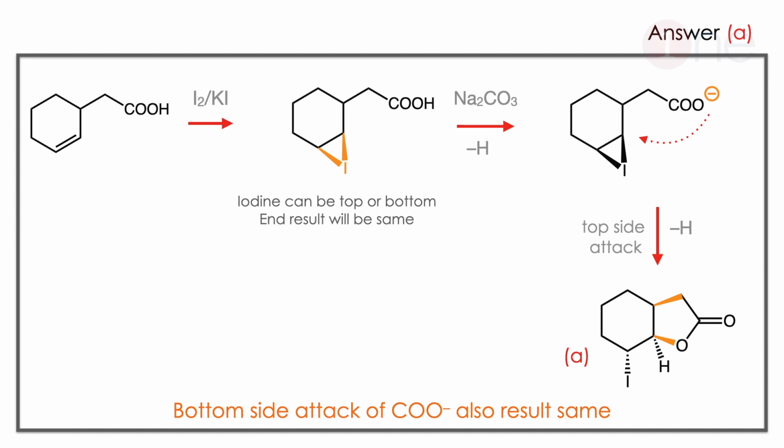Since iodine is very big, the rich negative charge cannot attack from the same side. It can be below or above, anything is possible, but both will result in the same. If iodine is above and oxygen below, hydrogen is definitely upside. That's why the answer is A. You can start from bottom side attack or top side attack, the end result will be the same. You have to imagine the molecule very perfectly.